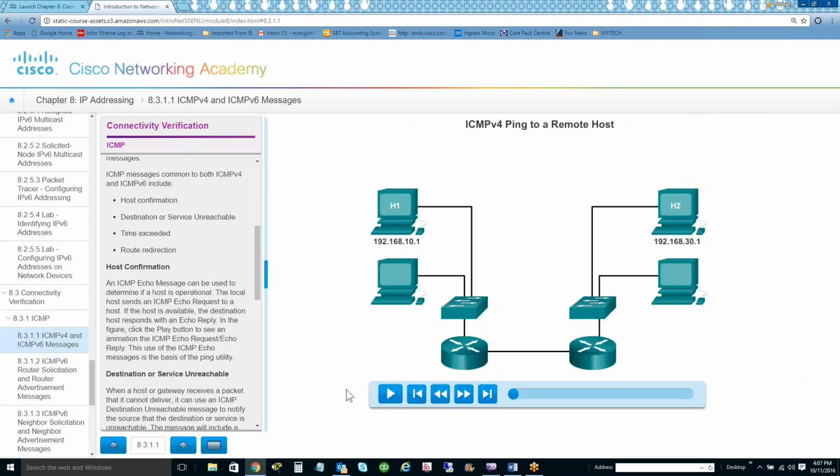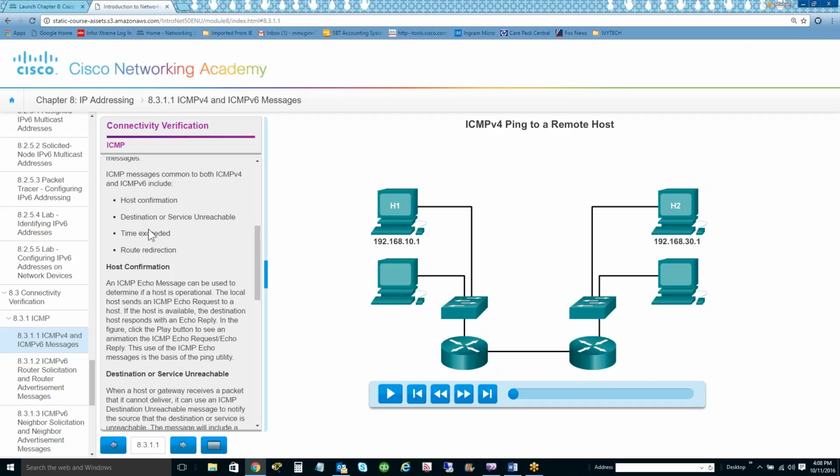In 8.3.1 we talk about ICMP and look at the differences and similarities between ICMP on IP version 4 and ICMP on IP version 6. The ICMP protocol is used in both ICMPv4 and v6 for host confirmation, in other words like a ping command.